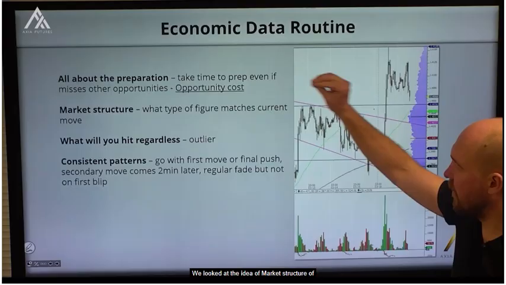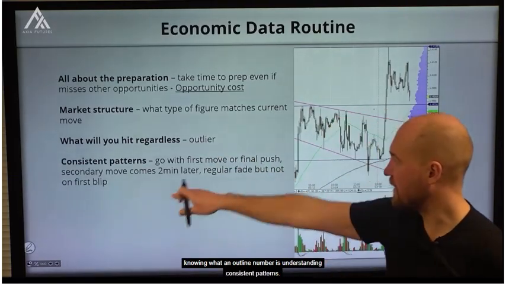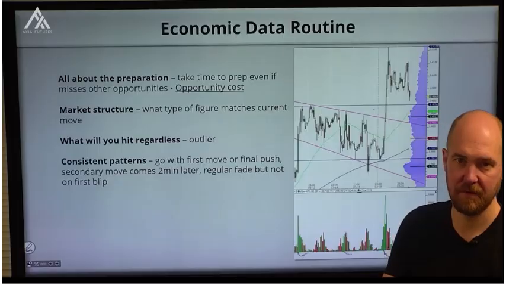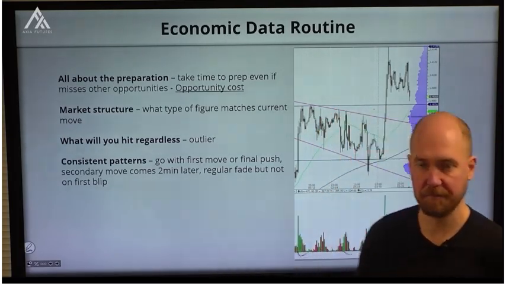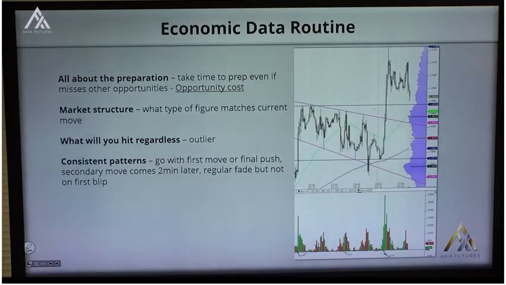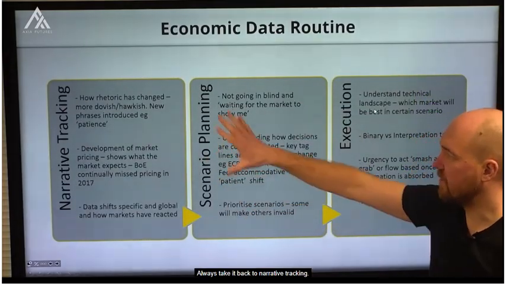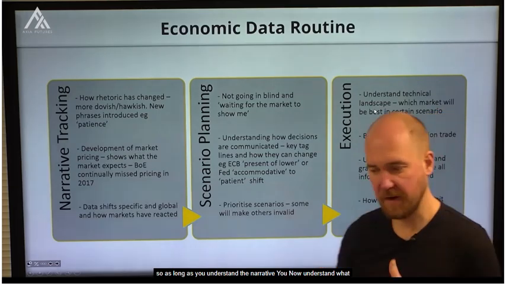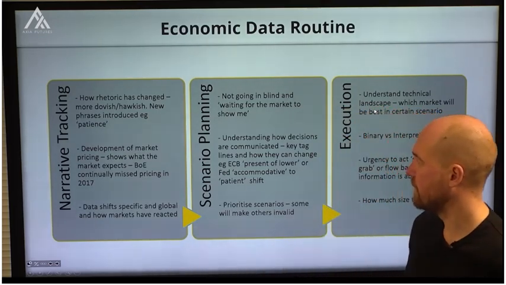We looked at the idea of market structure, of knowing what an outlier number is, understanding consistent patterns. So all of that comes from the trading economic data session that we did in the macro trading week. Always take it back to narrative tracking. So as long as you understand the narrative, you now understand what data is pertinent, what matters currently.